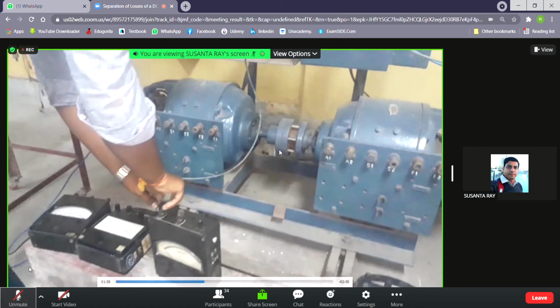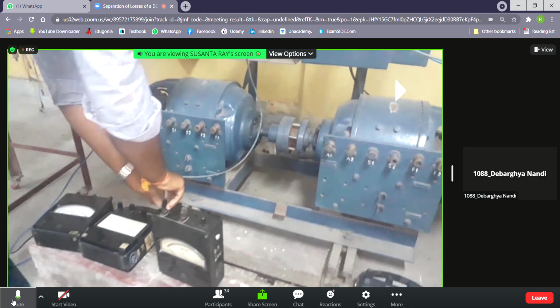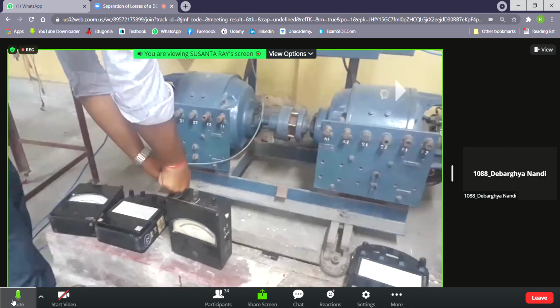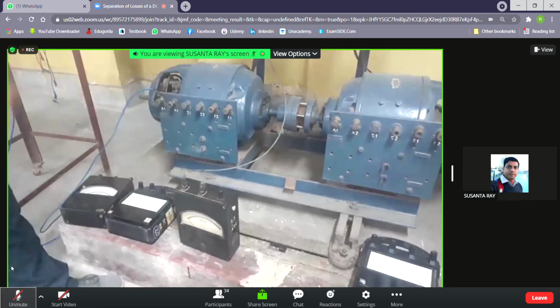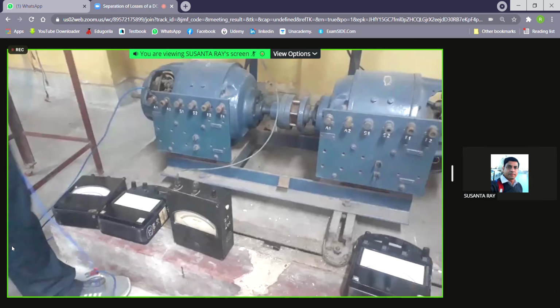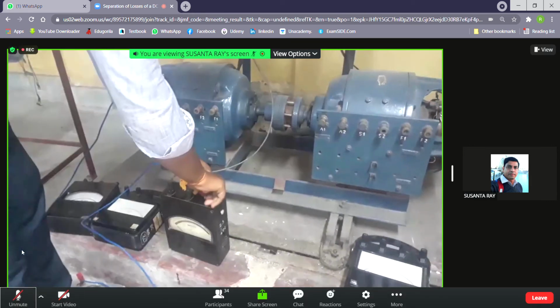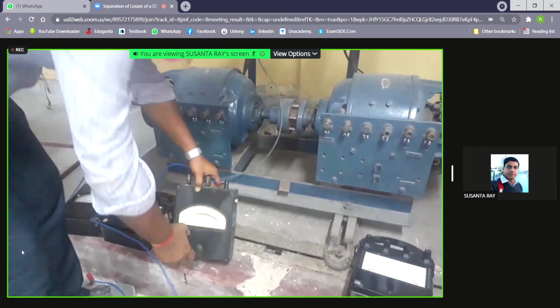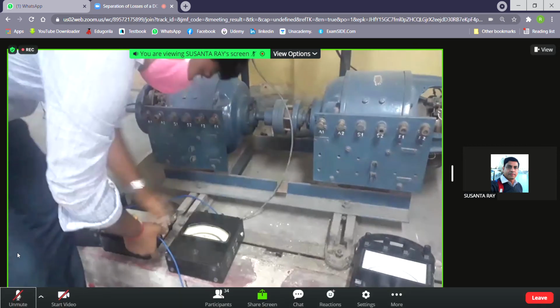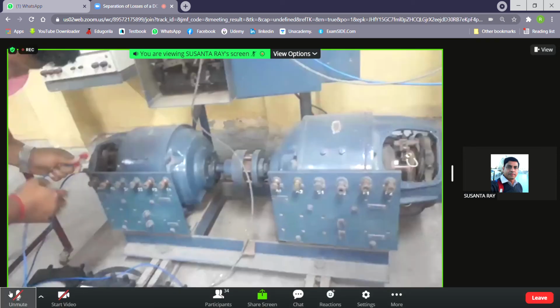So this variable resistance to F1, it is shown in the figure, but he is doing a different thing, that is in series. So no problem, correct. That means the ammeter we can connect before the field winding or after the field winding, it doesn't matter. We have to connect these two things in series. That is the requirement.